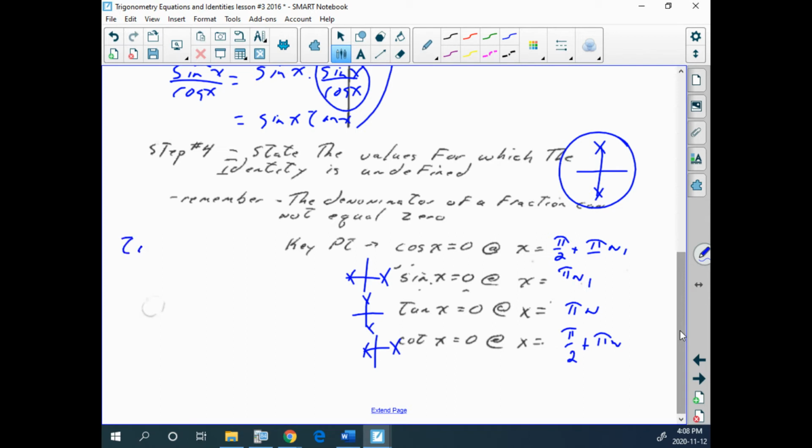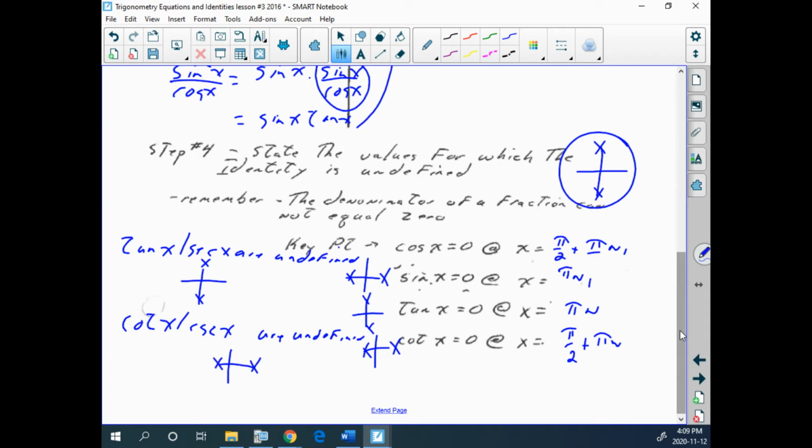So tangent and secant are undefined when cosine is equal to 0, so we're undefined at those 2 points, pi over 2 and 3 pi over 2. Cotangent and cosecant are undefined when sine is equal to 0, and so at those 2 points.